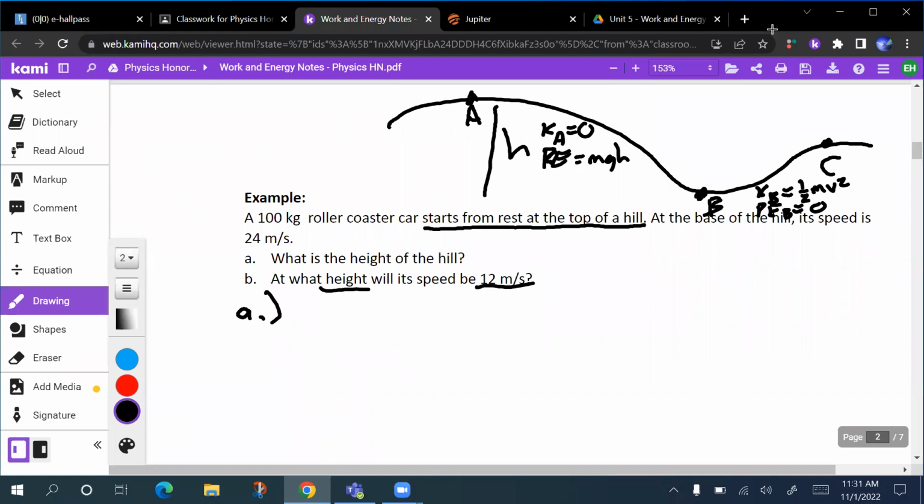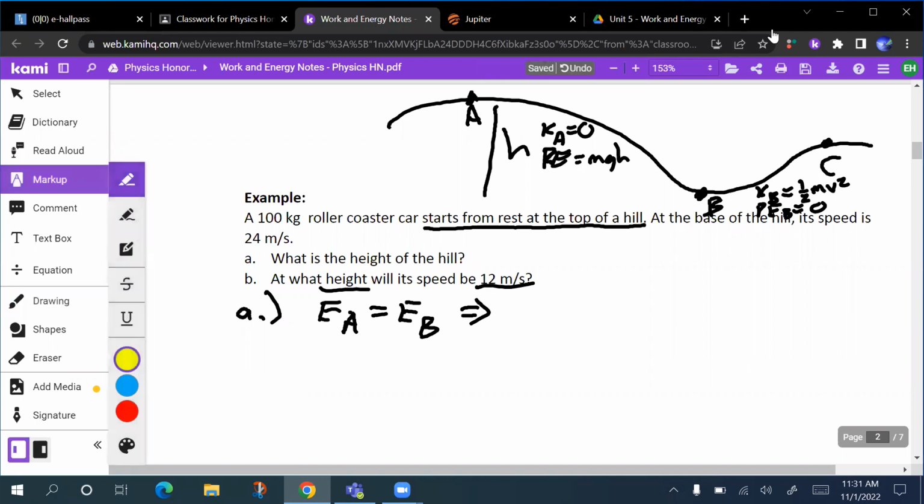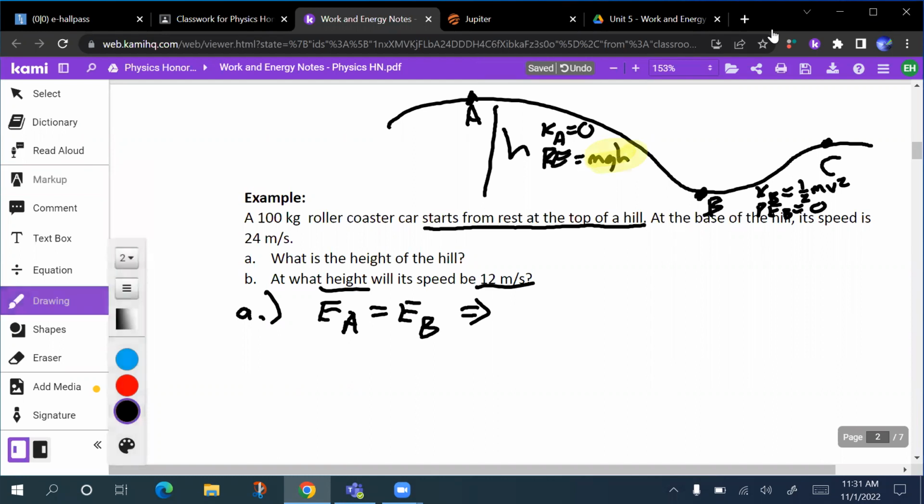Okay, so for part A, we have initial total energy, which would be the energy at point A, equals the energy at point B. I'm going to highlight these points so you can see them. What is the total energy at point A? Well, it's just the potential energy there. So you replace EA with the potential energy at point A, which is mgh.